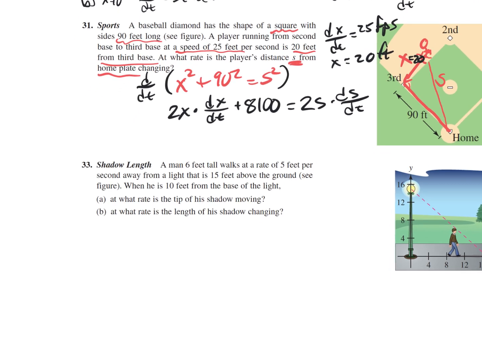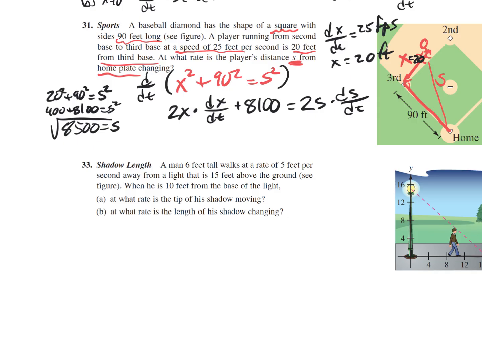20 squared plus 90 squared equals s squared. And so we get 400 plus 8100. And so this is going to be 8500, and we'll square root both sides. We get the square root of 8500.